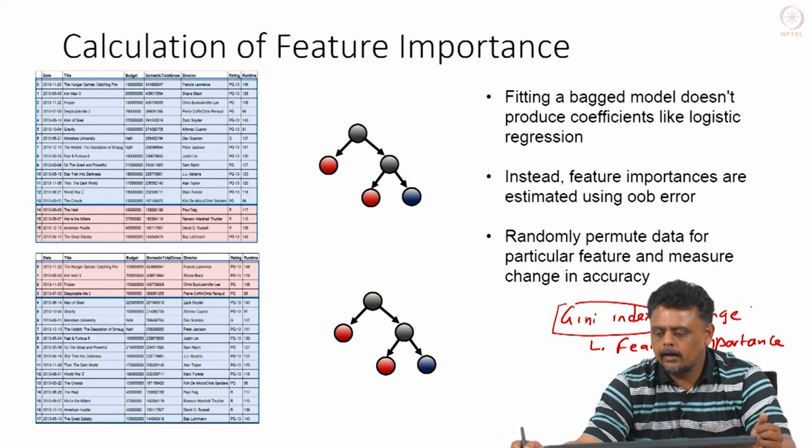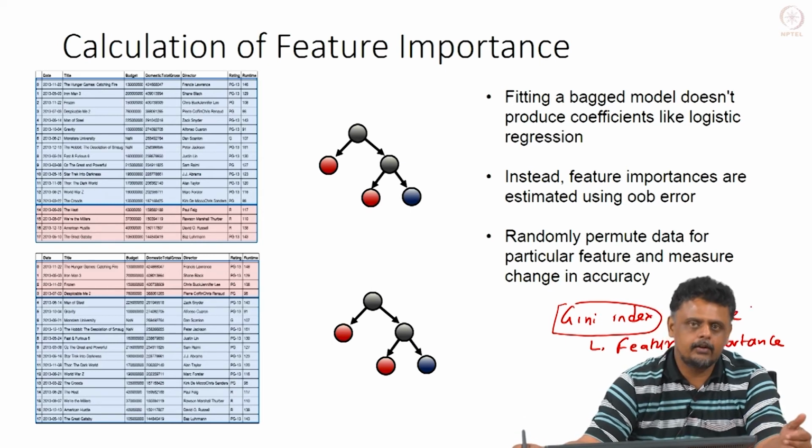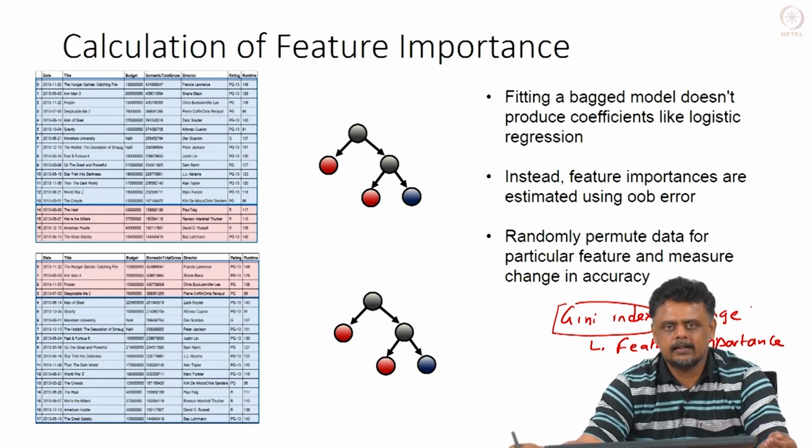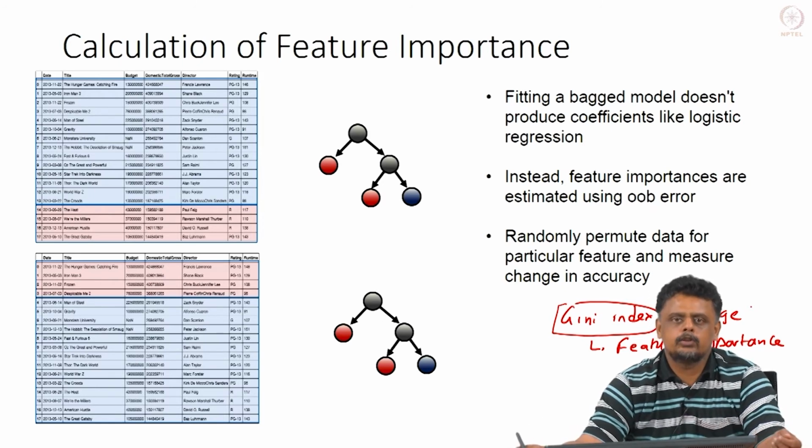So, we just have to do a similar procedure to what we did for calculating the output of the tree. Instead of averaging over the root mean square error or the classification error, you look at the Gini index and average over that for every feature using data points that were not in the training data used to make that tree.